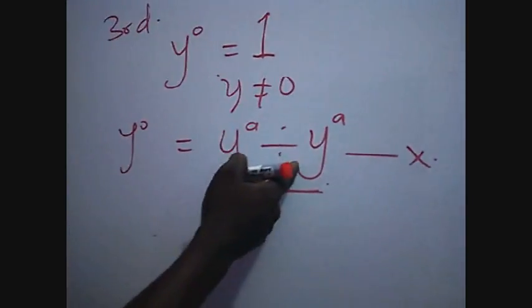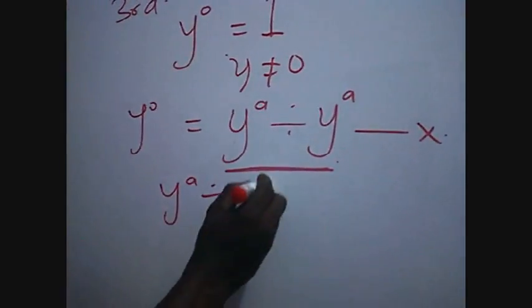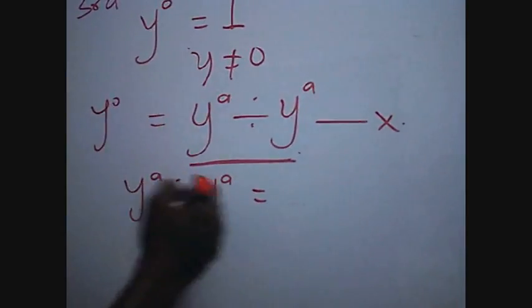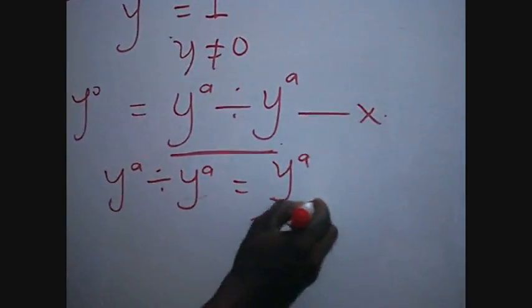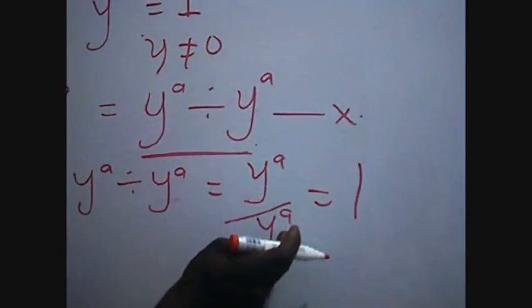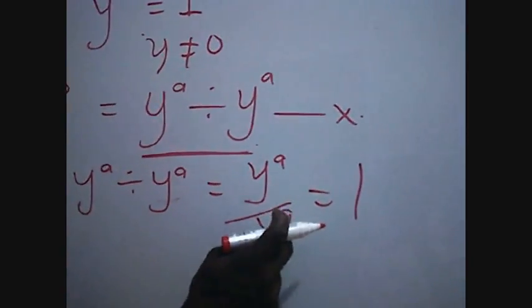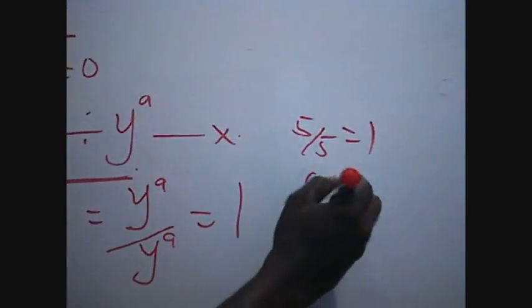For this equation x, that is y raised to the power of a divided by y raised to the power of a, using the long division method, this is the same thing as y raised to the power of a divided by y raised to the power of a, and this is going to give us 1, since the numerator and the denominator are the same. For example, 5 divided by 5 is equal to 1. 6 divided by 6 is equal to 1.